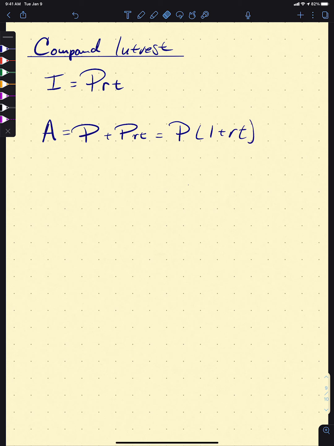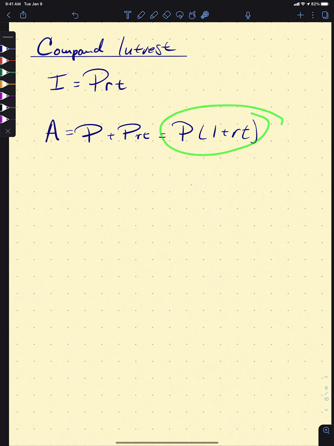But what will often happen is you will continuously accumulate this. You'll take this interest out after 1 year, then add it back into the account, and then all of a sudden you have a new principal that you're gaining interest on.